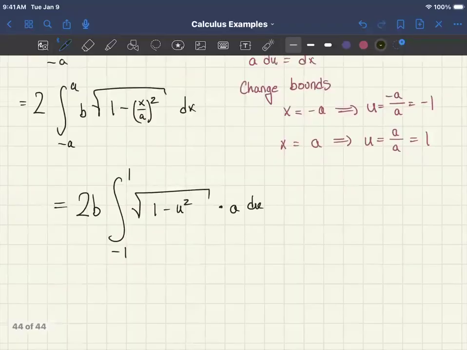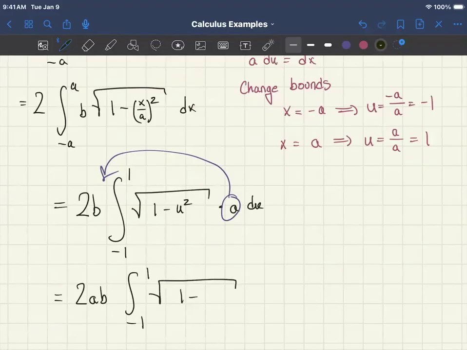And notice this a here actually can go on the outside of our integral because it's not doing anything else, right? 2ab integral negative 1 to 1 square root of 1 minus u squared du.